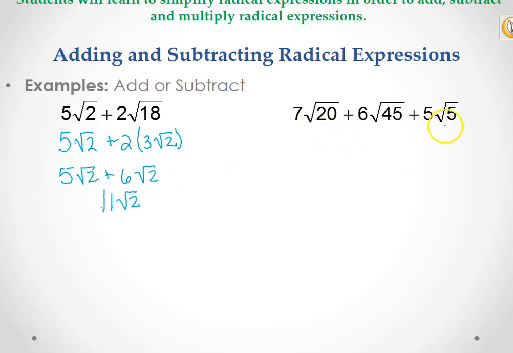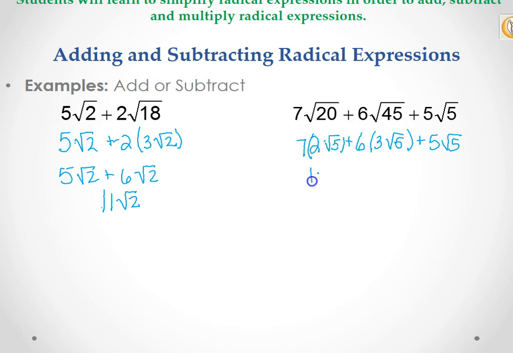Checking it out over here, I'm trying to get square roots of 5. 5 goes into 45, 9 times. What's the square root of 45? The square root of 9 is 3, so I've got 6 times 3 square roots of 5. Okay, does 5 go into 20? Sure. How many times? 4. What's the square root of 4? 2. So I've got 2 square roots of 5, and I'm going to take that times 7.